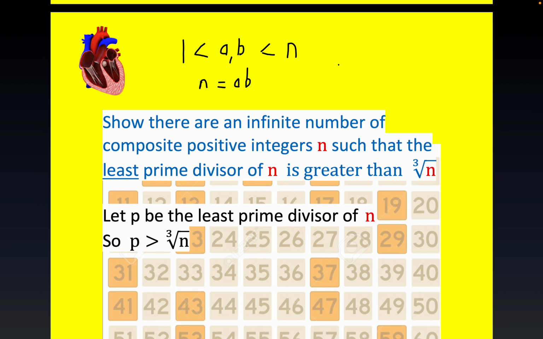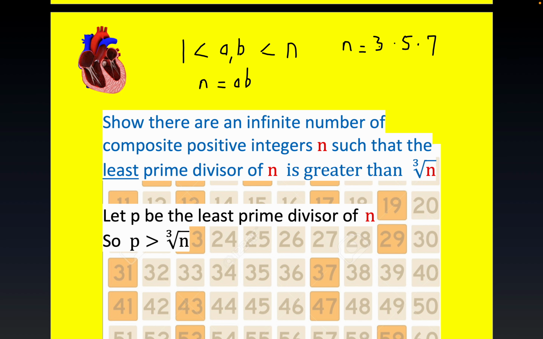Let's say we had n equal to 3 times 5 times 7, which is 105 when you multiply that out. But 3 is the least prime.